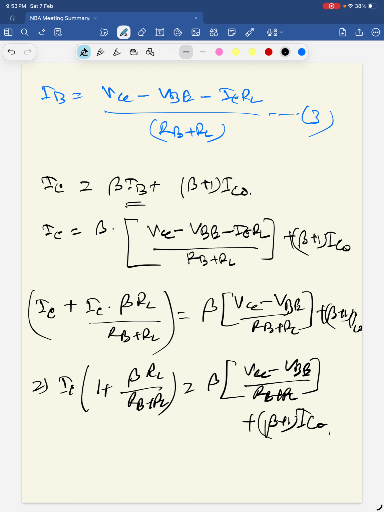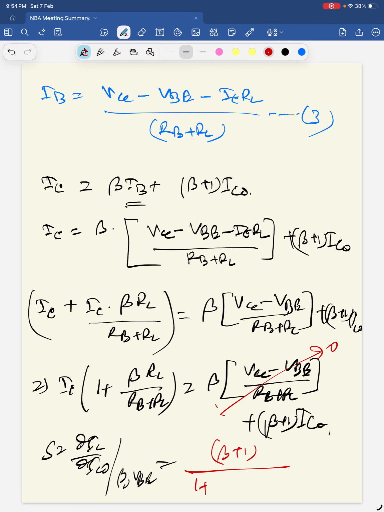So if we differentiate, S is equal to del IC by del ICO, keeping beta and VBE constant. Then what will happen? This whole part should be 0, because all are constant. And here we get this factor into del IC by del ICO, and on the right side beta plus 1, divided by this factor 1 plus beta RL by RB plus RL.